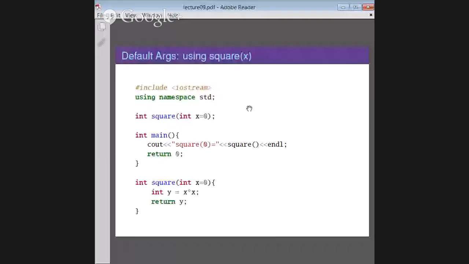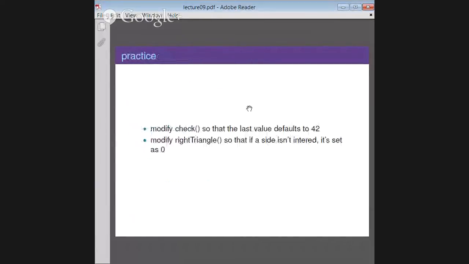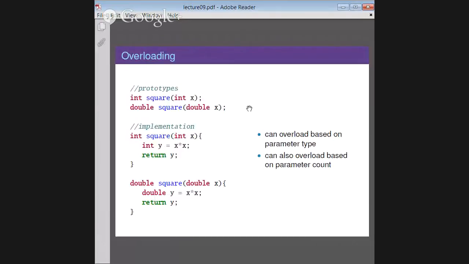Okay. So those are default arguments. Now, next thing: we did this check and then a check D. We can also do what's called overloading.